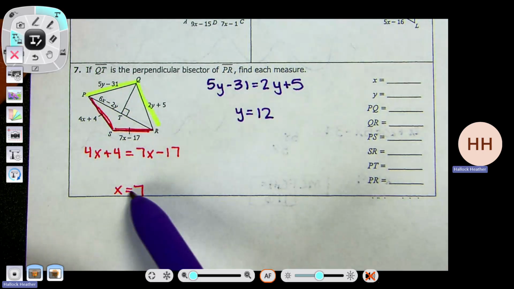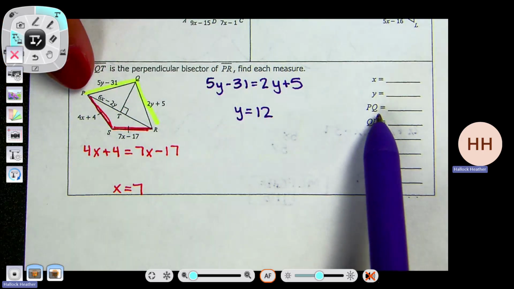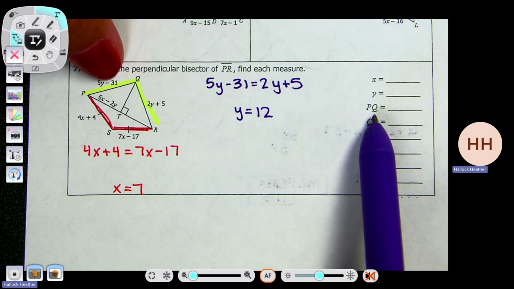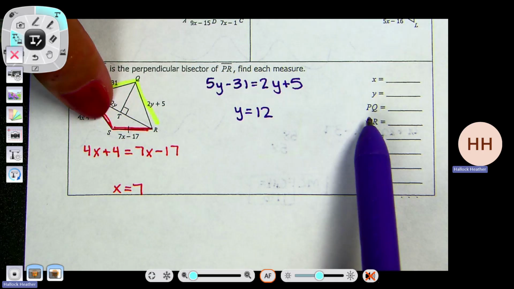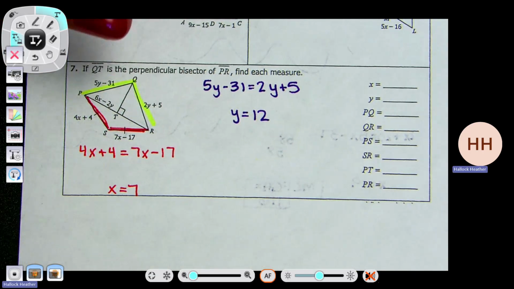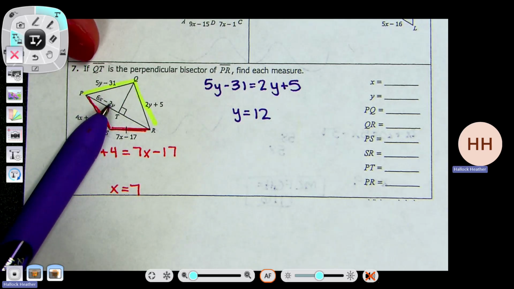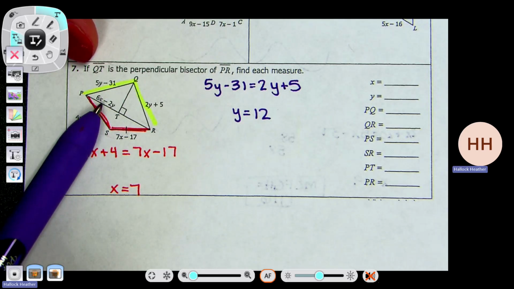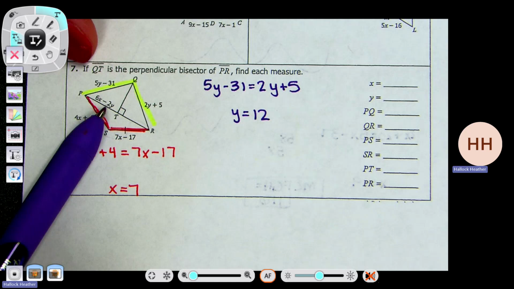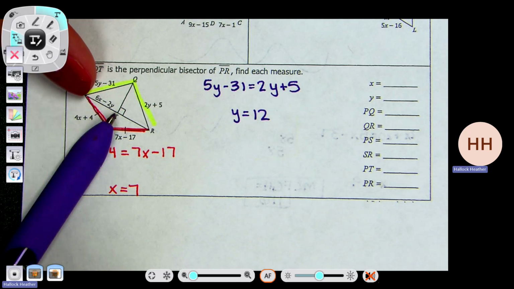The rest of the problem is you literally just plugging everything in. So once you have X and you have Y, the next thing that they want is P to Q. So all you're doing is plugging in each value to each side. The only one that might be a little confusing for your small brains are the ones that have an X and a Y together. But this is literally just simple math. You're just plugging it in twice and solving it. So when you get to PT, where's PT?